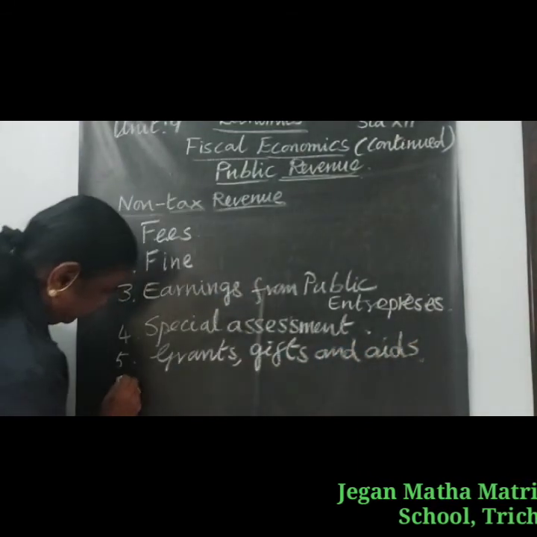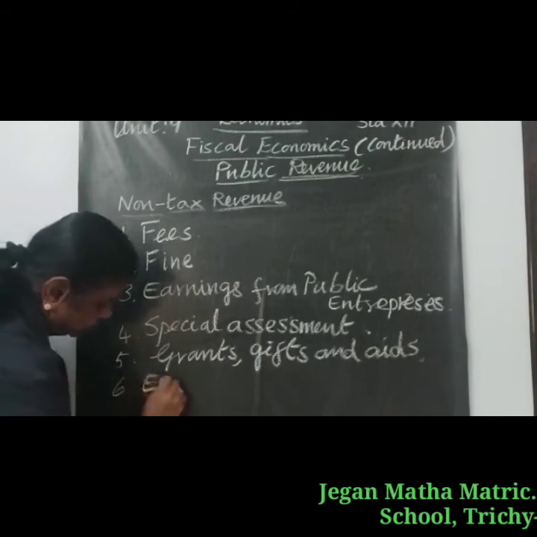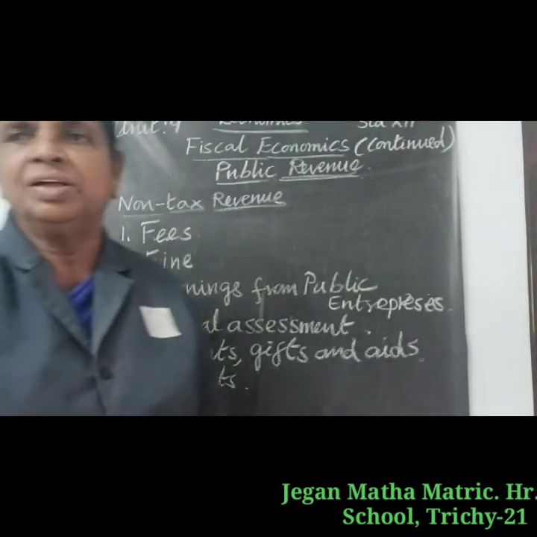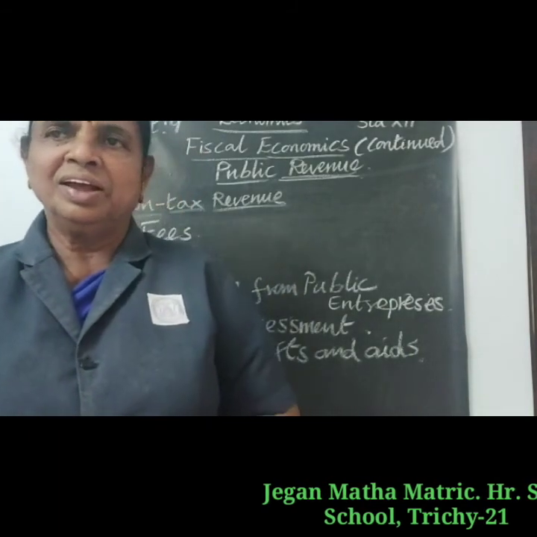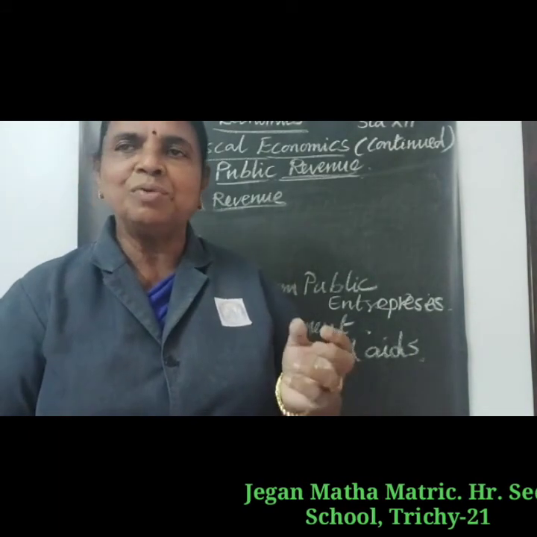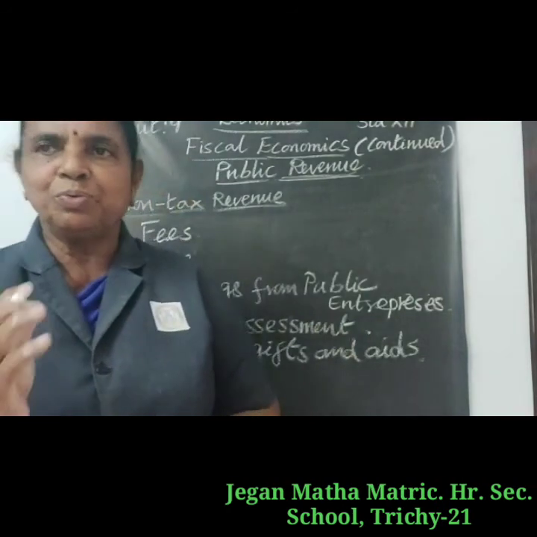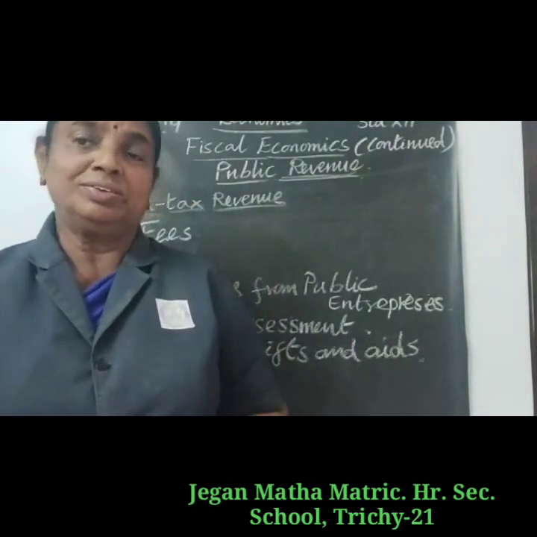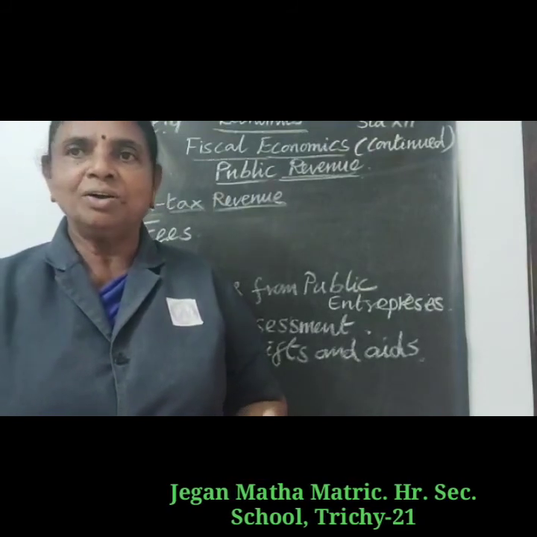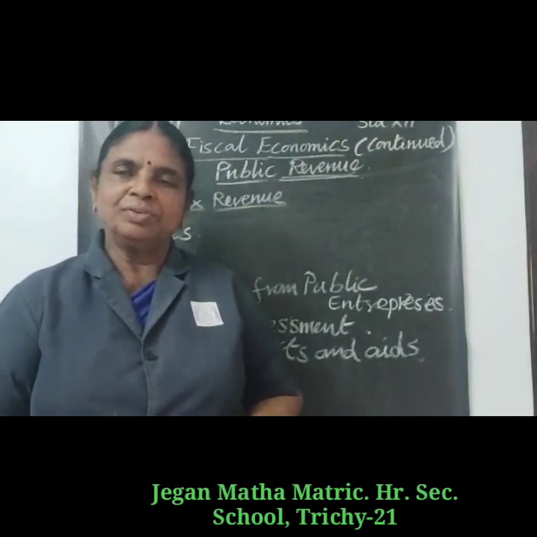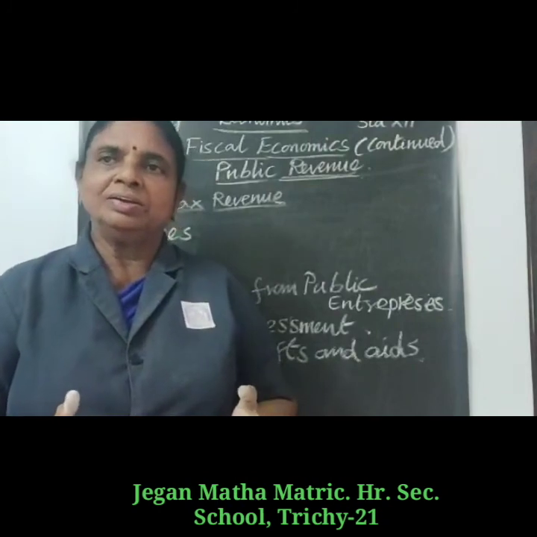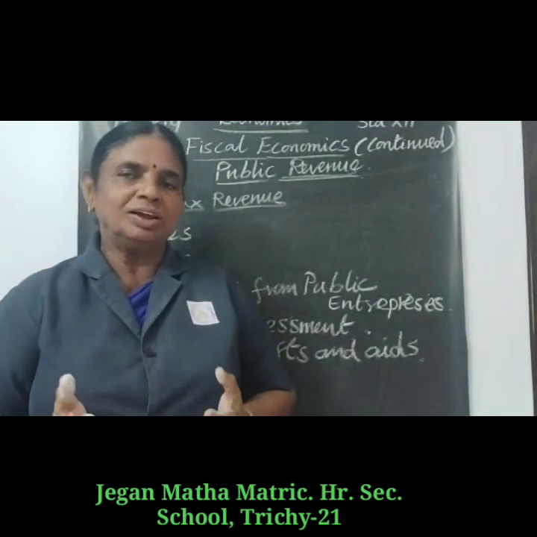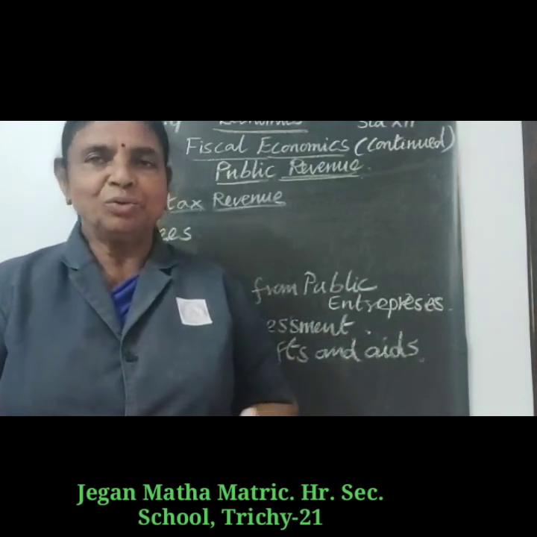And the sixth one is escheats. What is escheat? It refers to the claim of the state to the property of a person who died without a legal heir or documented will.